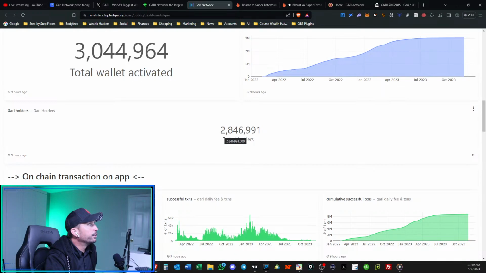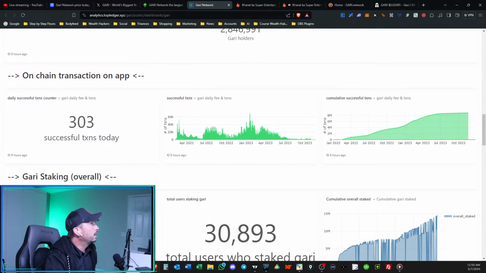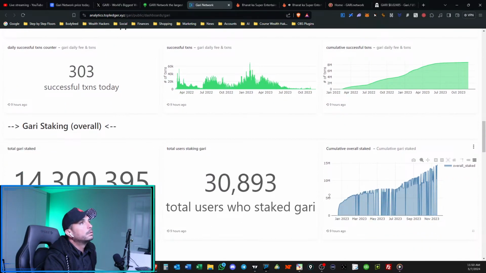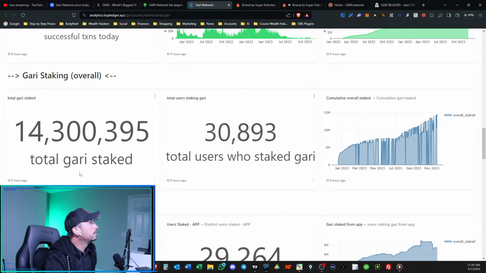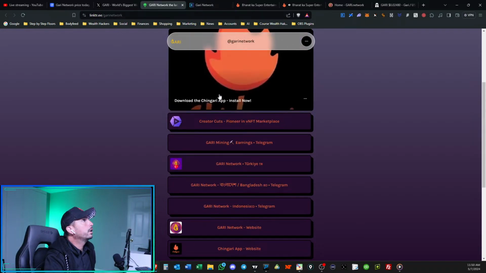$2 million holders. Gary's staking overall, cumulative overall, total Gary staked. So there you can stake Gary. What is the APY? Gary Network.